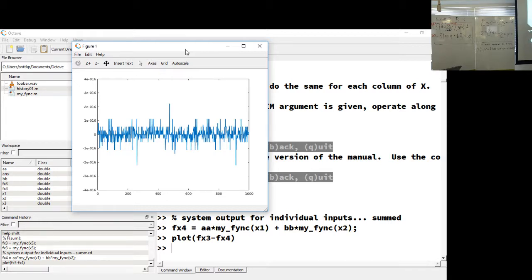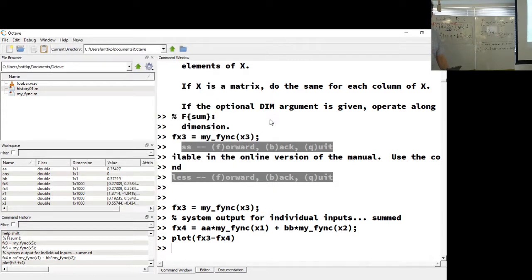What would you say, does this mean that the system is linear or not? Look at the numbers here. E to minus 16. What is the machine epsilon here, which is the smallest number in double precision floating point?